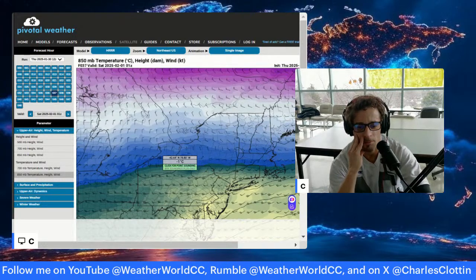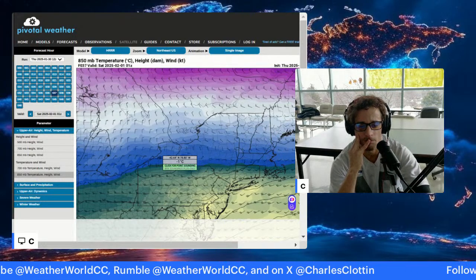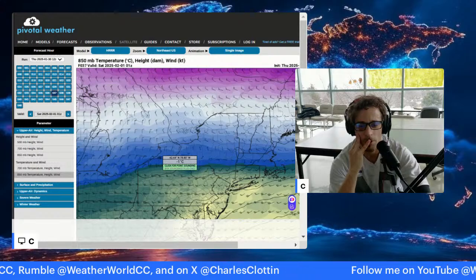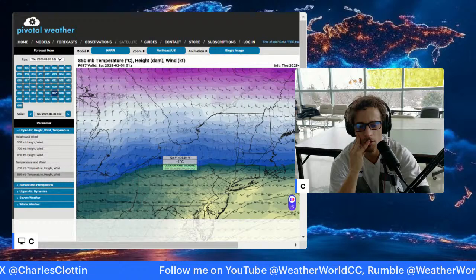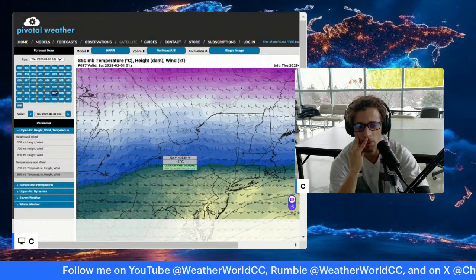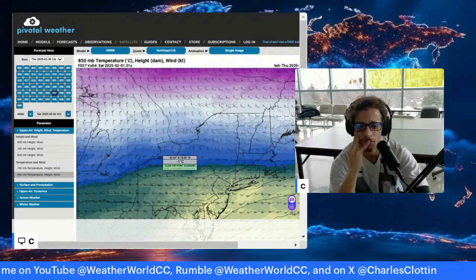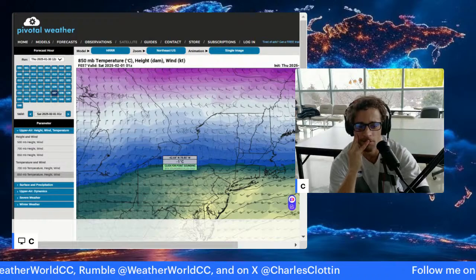That could actually help bring some more moisture into the band that will probably form here. Another short wave as well.